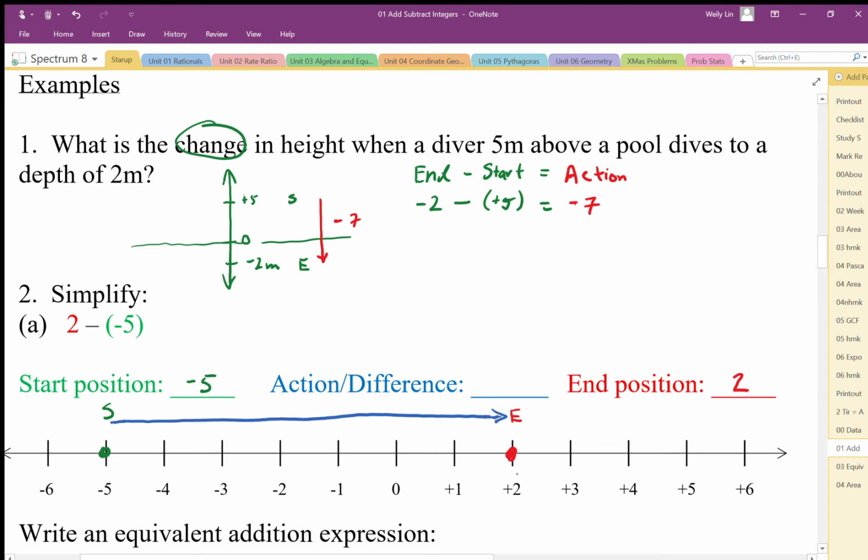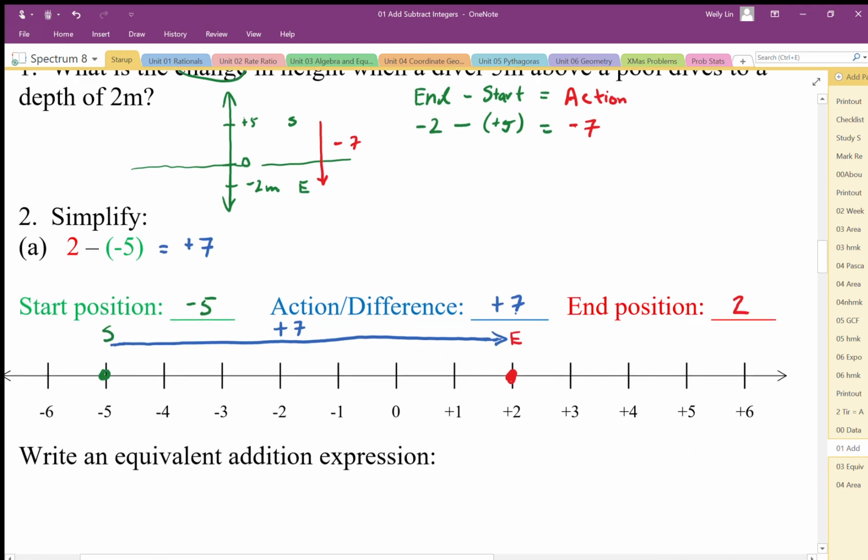Well, I can count it. It's 7. I went plus 7. We can see that when we do this subtraction statement, 2 minus negative 5, that really means 2 plus 5, which gives me the displacement or change of plus 7. So the answer to the subtraction is the difference from end to start.